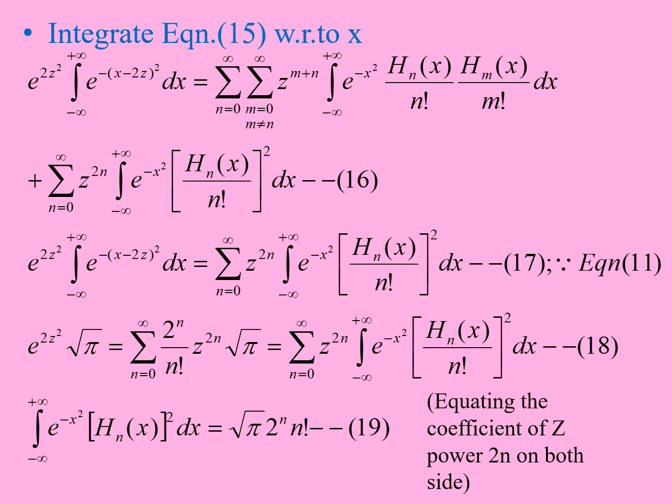Then it is e power 2z squared integral from minus infinity to infinity e power minus of x minus 2z squared dx is equal to summation n is equal to 0 to infinity, m is equal to 0 to infinity, z power m plus n integral from minus infinity to infinity e power minus x squared Hn of x by n factorial Hm of x by m factorial dx, plus summation n is equal to 0 to infinity z power 2n integral from minus infinity to infinity e power minus x squared Hn of x divided by n factorial squared dx.